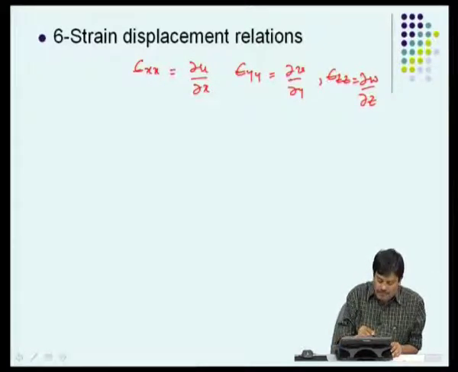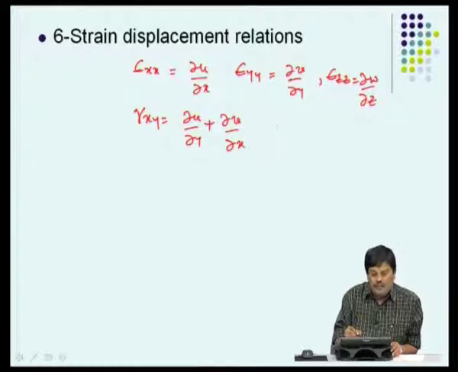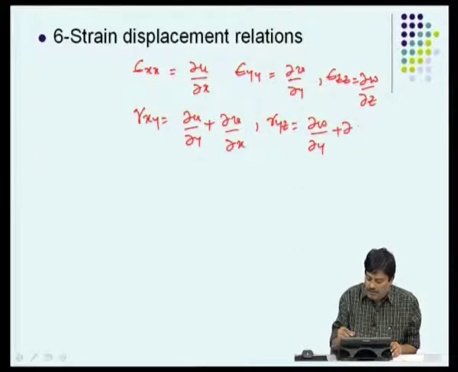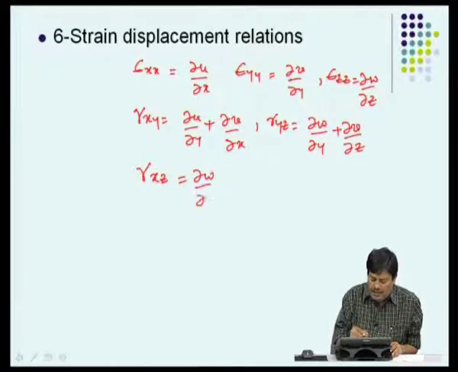Then we have gamma xy, which is equal to du by dy plus dv by dx. Then we have gamma yz, which will be dw by dy plus dv by dz. Then we have gamma xz, which is equal to dw by dx plus du by dz.